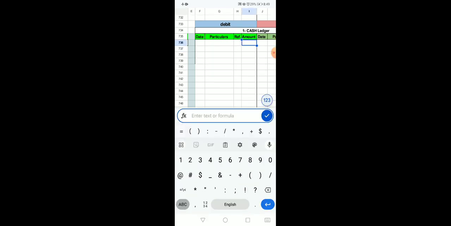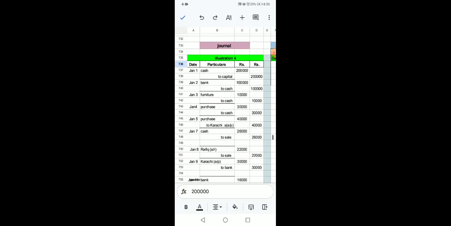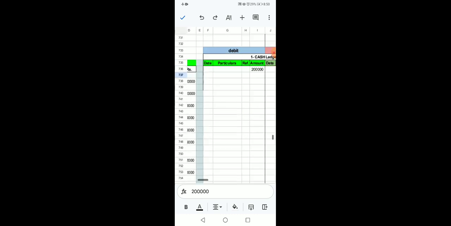This is the debit side. The amount was 2 lakh rupees, so primarily we will post 2 lakh on the debit side of the cash. Cash is debited here for rupees 2 lakh. We have gone to the debit side and put 2 lakh rupees in the amount column.